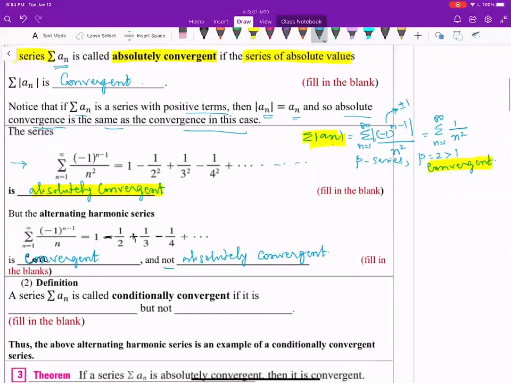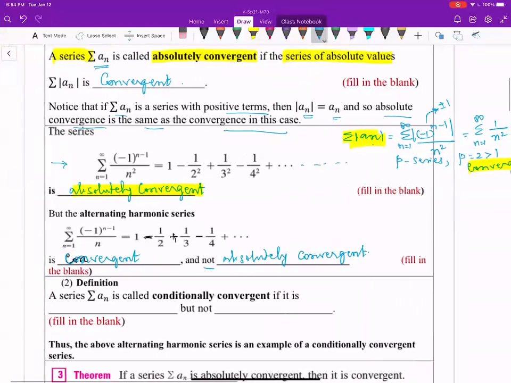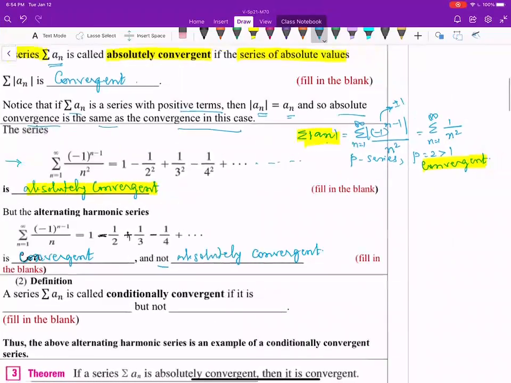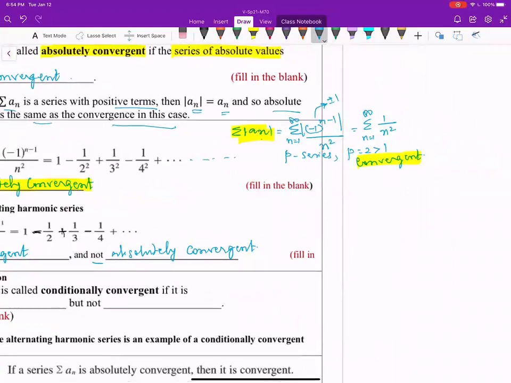So let's prove this part. We are going to consider the alternating harmonic series, which is convergent but not absolutely convergent.